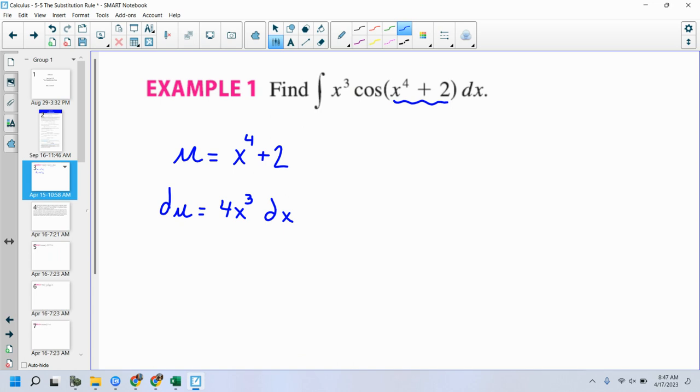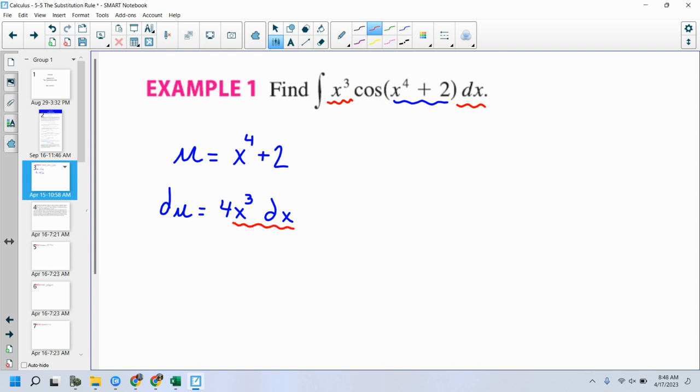Now, what you have to look for are pieces of that derivative within the original function. We were dealing with cosine of x to the fourth plus 2. What else is there on the outside of the cosine? x to the third dx, right?